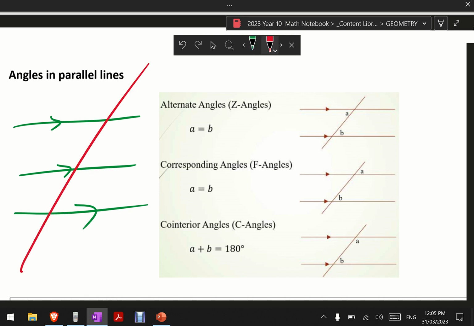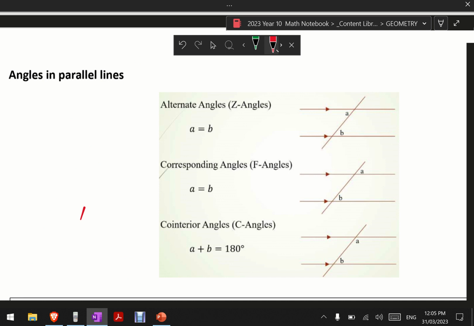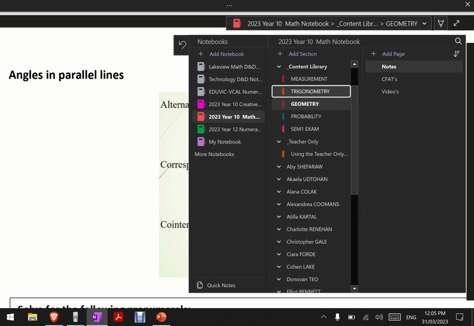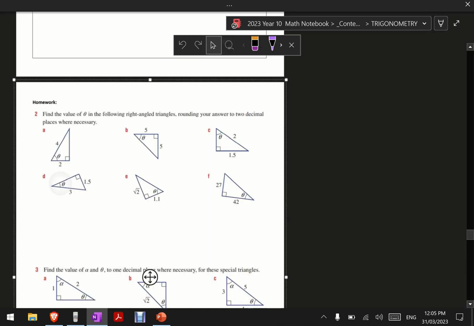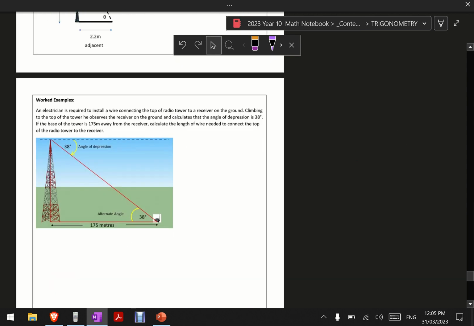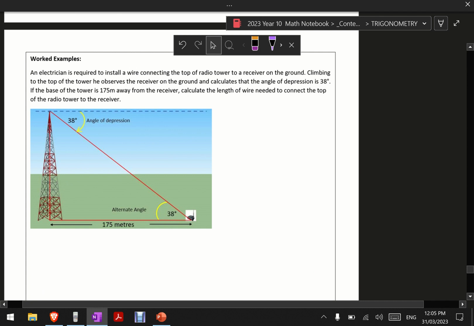Parallel lines are important because you can use them to find angles. I'm going to make a reference really quick to something we did in trig. If you go back to trig and look at some of the questions, here, remember angulation?